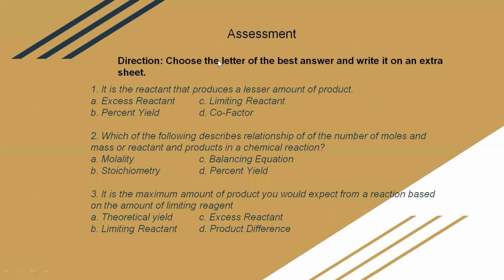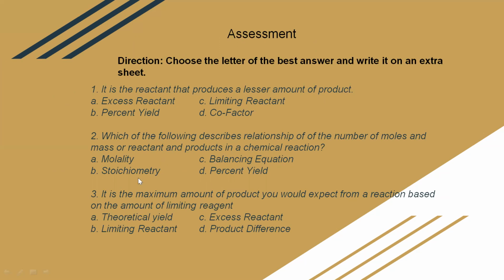Now for our assessment. Direction: choose the letter of the best answer and write it on an extra sheet. Number one, it is the reactant that produces a lesser amount of product. A, excess reactant. B, percent yield. C, limiting reactant. D, cofactor. Number two, which of the following describes the relationship of the number of moles and mass of the reactants and products in a chemical reaction?